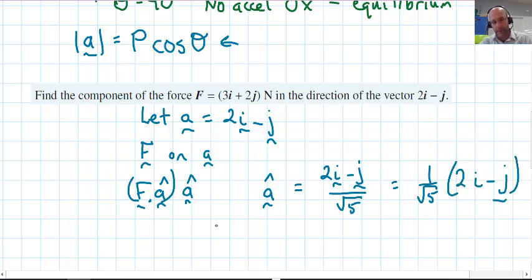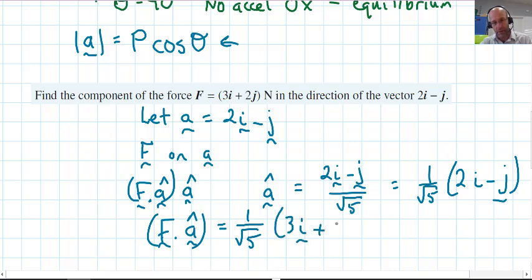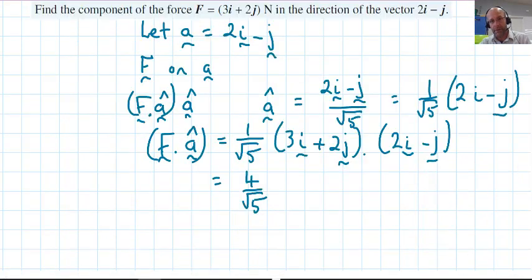Now, to find the dot product is a fairly simple matter now that we've got the unit vector of A. I'm going to take the 1 over root 5 out the front, and we put the vectors in there, 3i plus 2j dotted with 2i minus j. If you take the dot product and multiply it by 1 on root 5, you get 4 over root 5. You can try that yourself.